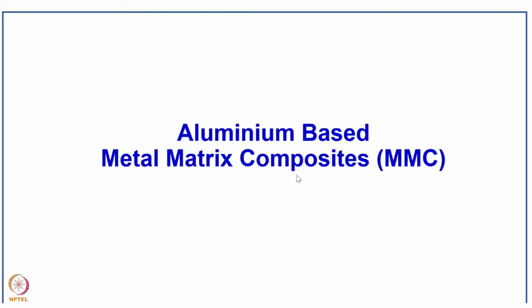Okay, so this will be our topic from now on, and we are going to learn about the metal matrix composites, especially the aluminum based metal matrix composites, starting from their preparation all the way to their properties and applications. Okay, so today we are going to start the aluminum based metal matrix composites.